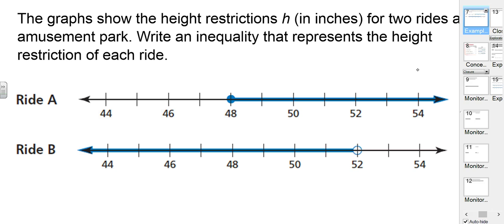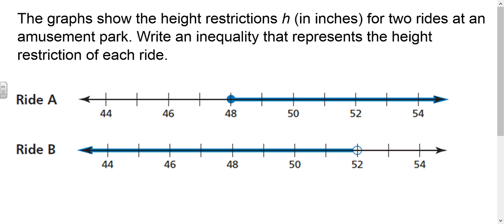All right, so now it says the graph shows the height restrictions h in inches for 2 rides at an amusement park. Write an inequality that represents the height restriction of each ride. So we have ride A, which is probably some super awesome roller coaster.